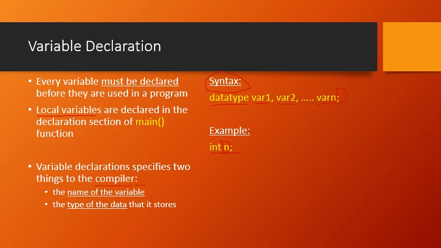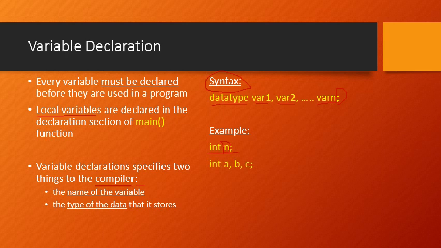Secondly, the data type, meaning what this variable n can store. It can store data classified as integer data. Now the variable n can be used to store integer values. Integer means the whole numbers.